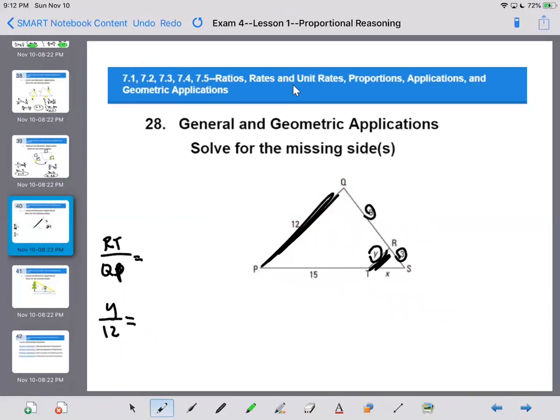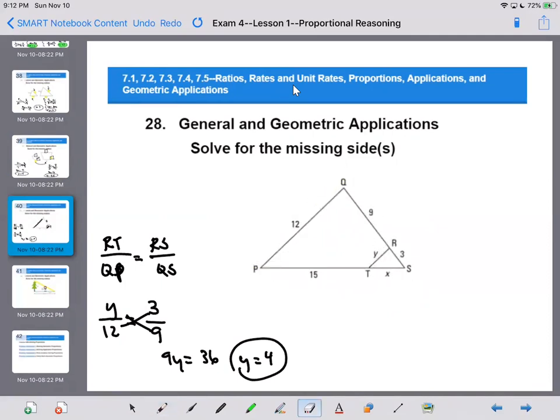So I'm going to do 3 to 9, which is RS to QS. So 9 times y is 9y, 3 times 12 is 36, 36 divided by 9, y is 4.